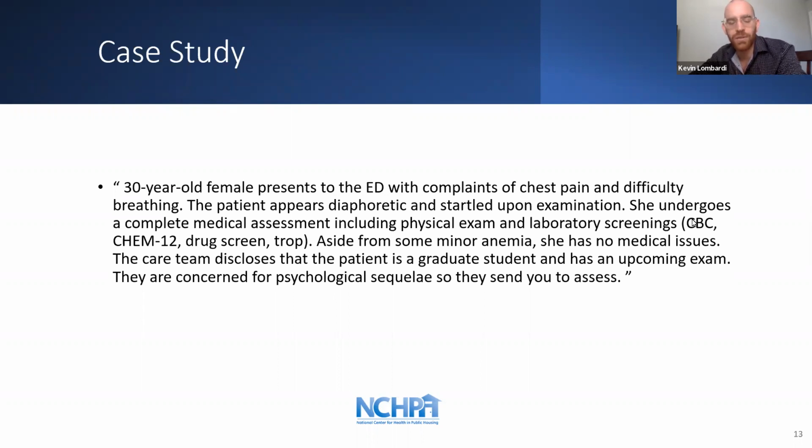She has no medical issues. The care team discloses that the patient's a graduate student and has an upcoming exam, and they are concerned that she may be experiencing some psychological sequelae of that stress. Because of that, they send me in to evaluate her and to network her to care.